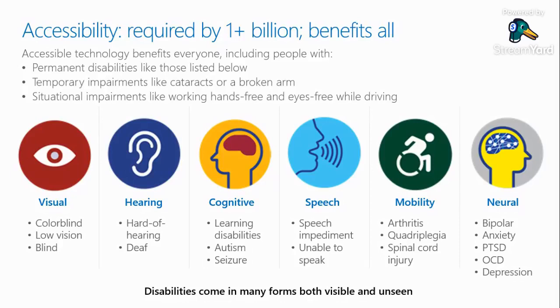So it can be visual. Some of them may be colorblind. You posted green and then they will tell you it's blue, something like that. Or they have low vision. It's like me. I need glasses now so that I can look at whatever is posted, especially if I'm sitting at the back of the room. Or they can be blind.